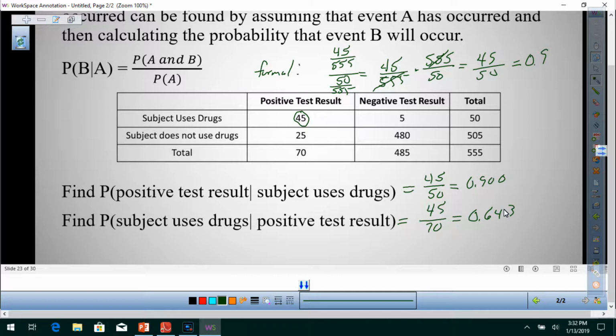And sometimes when people get these mixed up, it's called the confusion of the inverse.